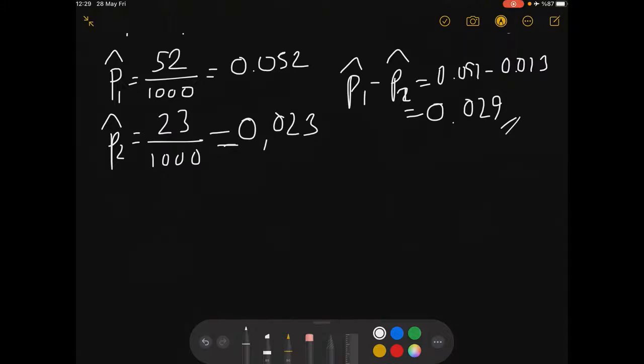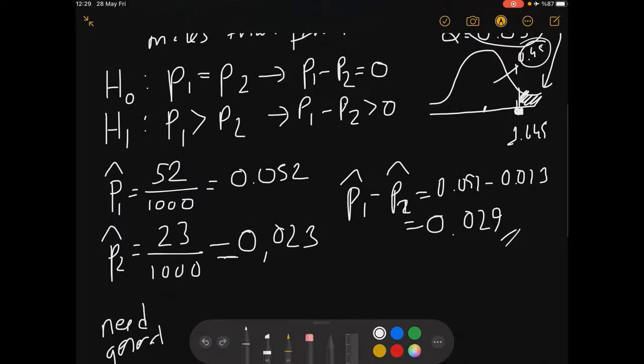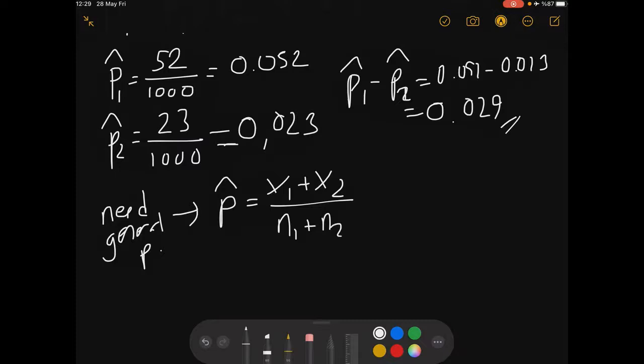Now, you need a general P here while you're dealing with the standard deviation. You need general P here, because why? You're assuming that their difference is 0. So when you combine them, your P with a hat would be x1 plus x2 over n1 plus n2.